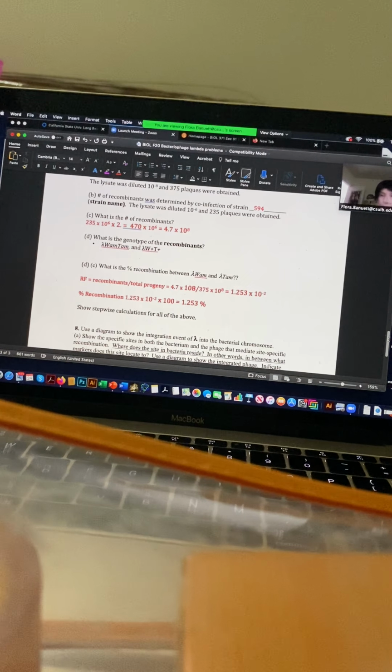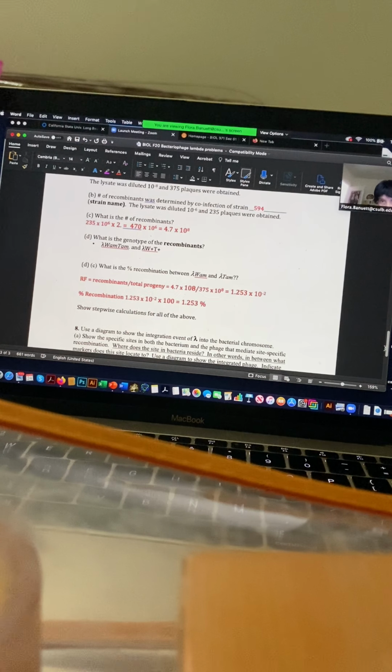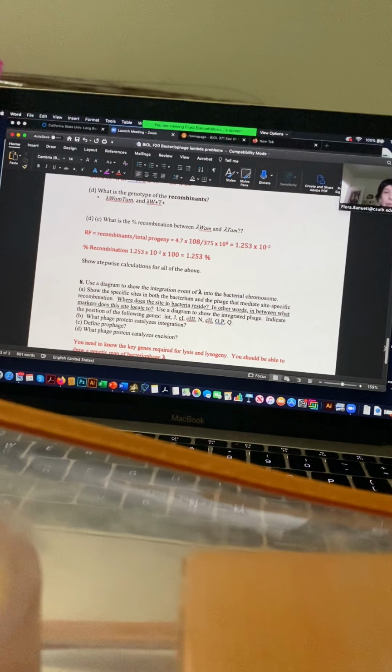So that's very straightforward. Now what you have to pay attention to is the strains. That's critical. Okay. And this problem is to show integration of lambda. Well, I have that in the slides. What phage protein catalyzes integration? What is the phage protein that catalyzes this?